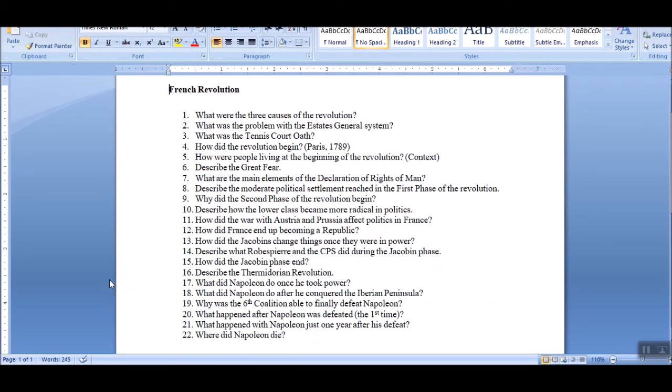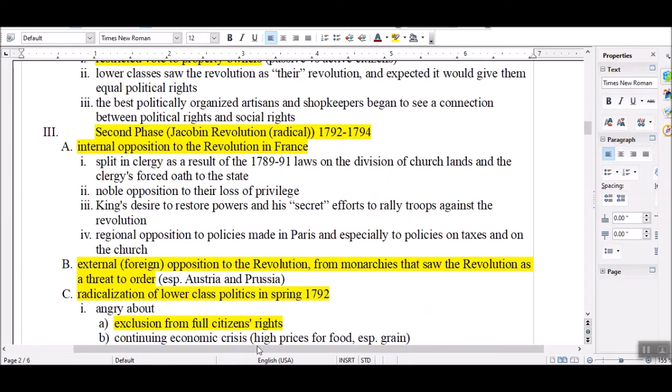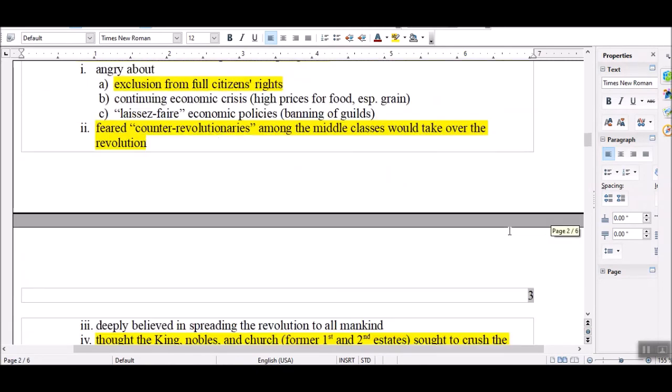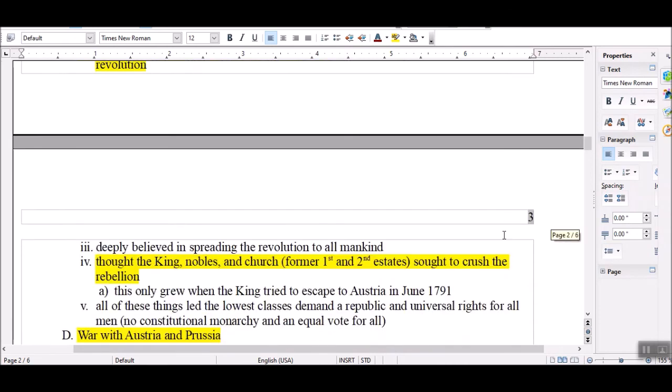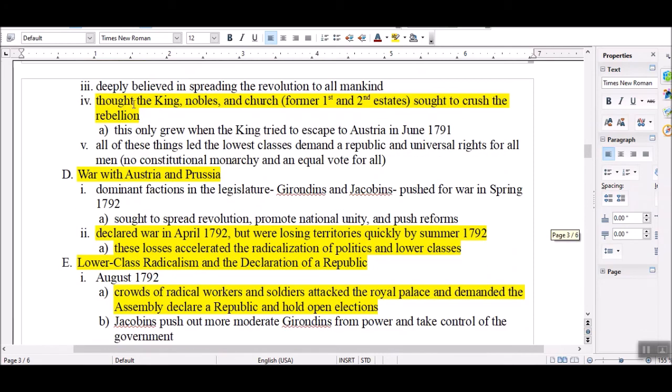Number 10, describe how the lower class became more radical in politics. Well, here we're going to see this exclusion from full citizens' rights, the fear of counter-revolutionaries trying to take over, and the idea that the king and the first and second estates, the nobility and the church, were seeking to crush the rebellion.